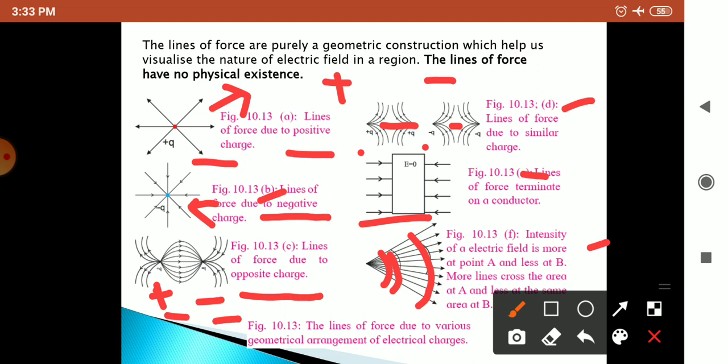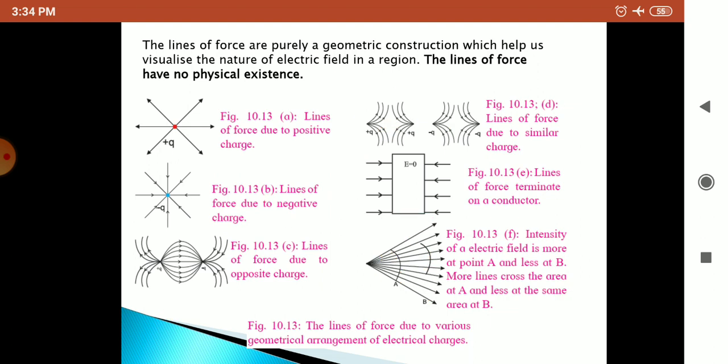When the area is small, they give more dense intensity. As area increases, intensity becomes small. So these are the factors about lines of force, which are a geometric construction that help us visualize the nature of electric field.